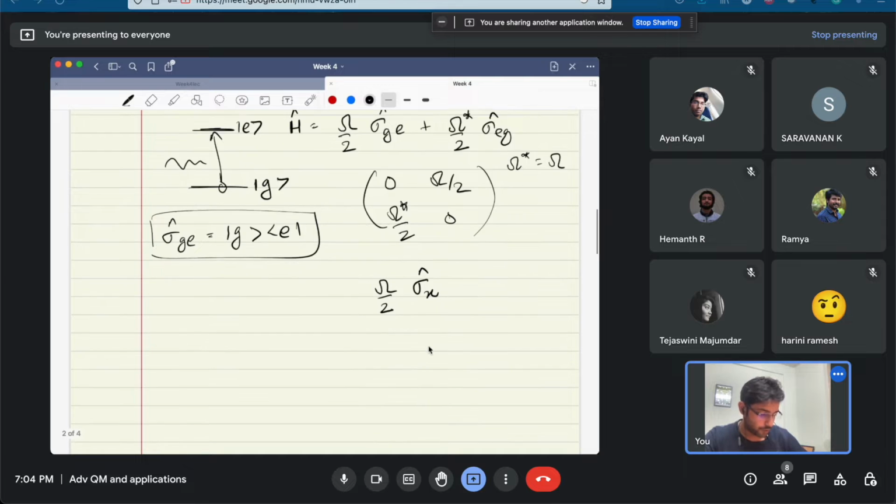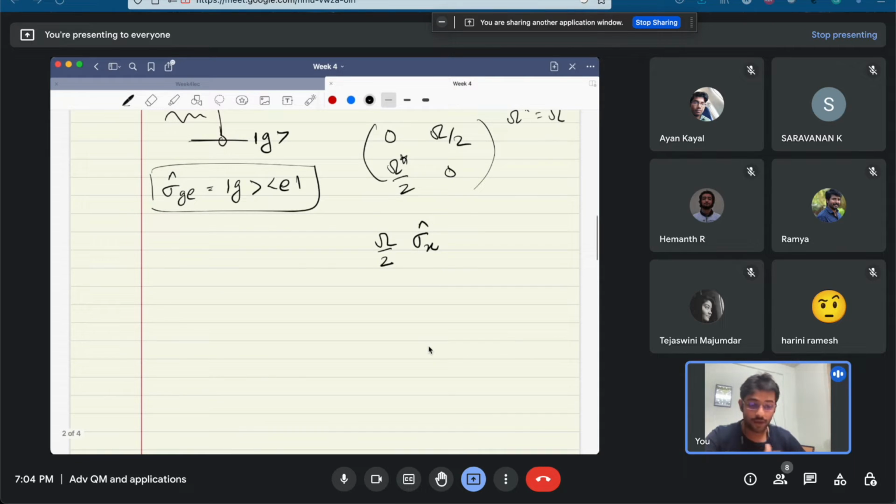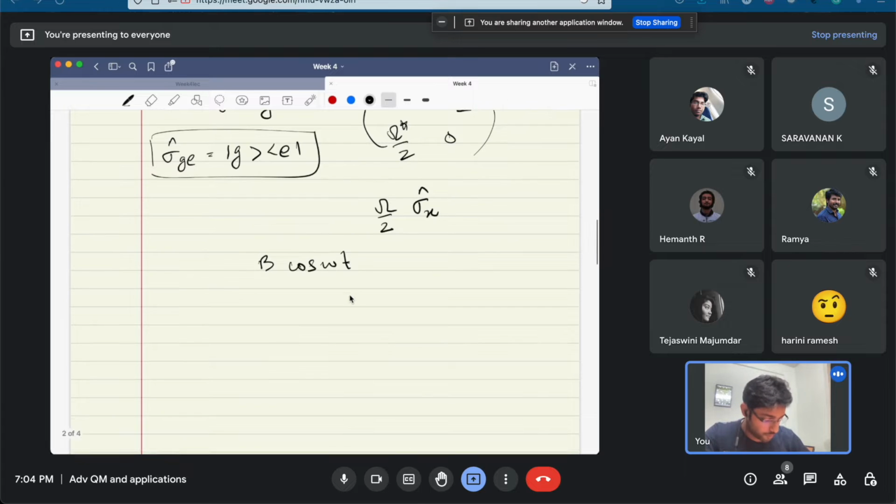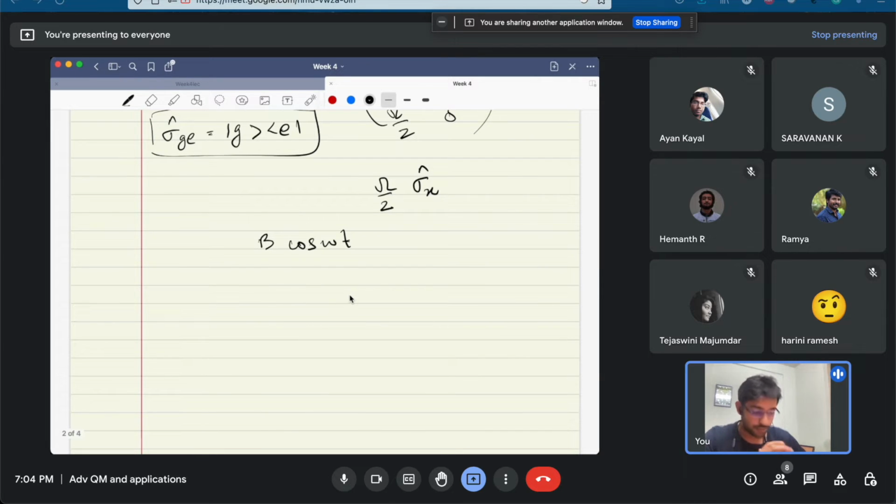Now to understand this, you have seen in NMR that the professor talked about using something like B cos omega t to introduce the field. Here also we are going to use a similar perspective. We are going to use an electric field here.